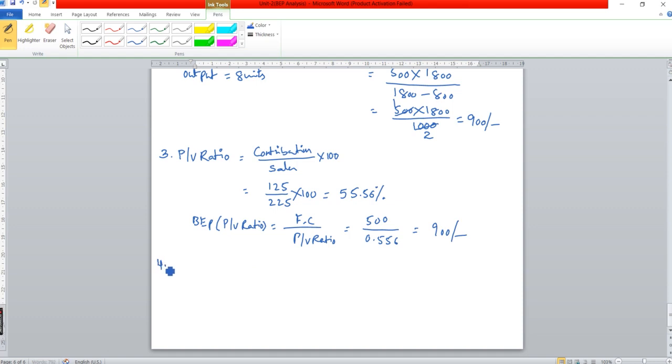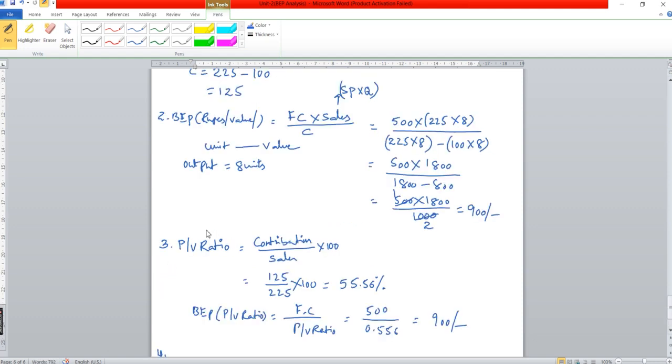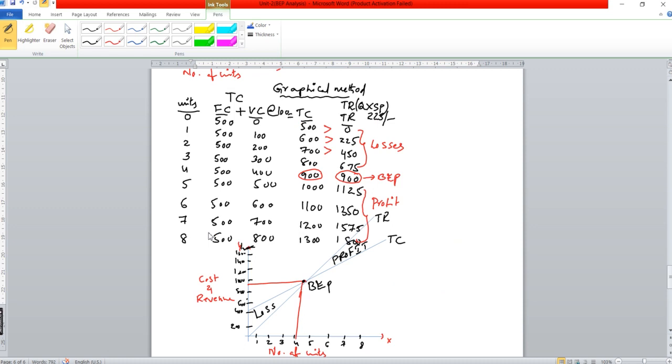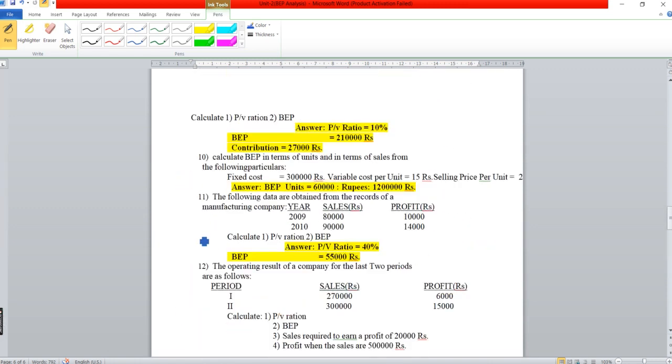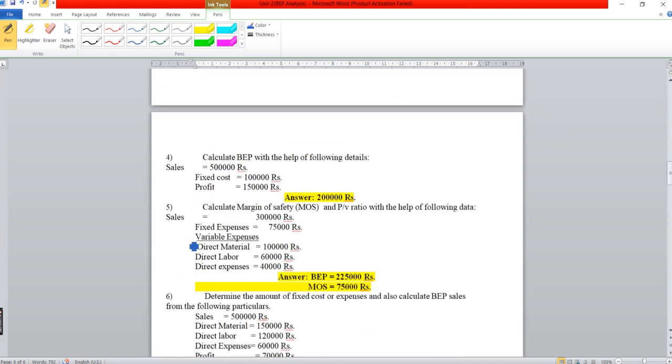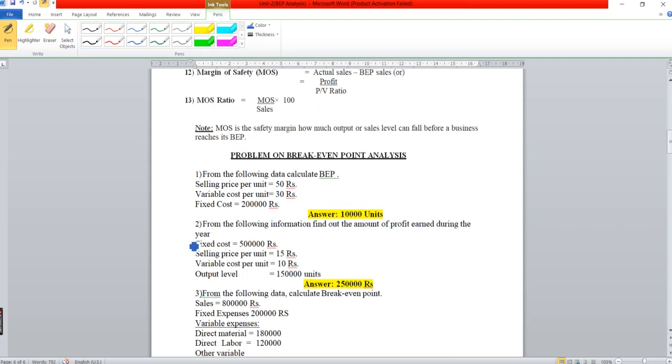The next one, with the help of the existing sums: from the following data calculate the break-even point.